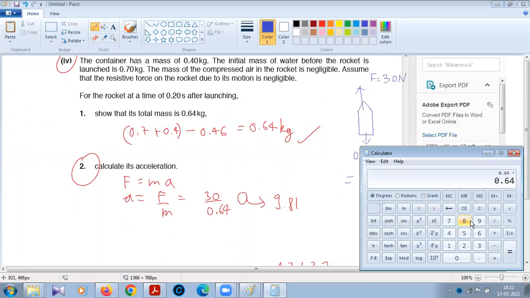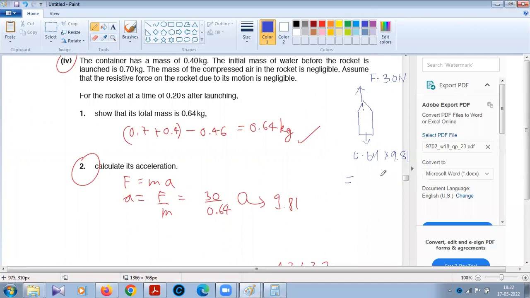So that is 6.27 newtons, or 6.3 Newton, acting in the downward direction. So the net force will be this minus this force. The net force will be 30 minus 6.3, and then you equate this force with mass into acceleration to find out the acceleration.